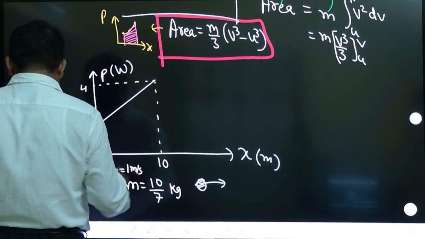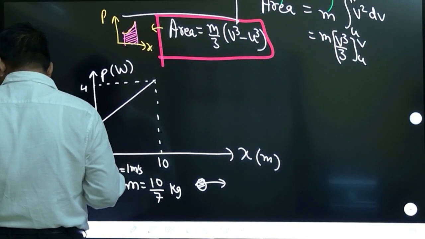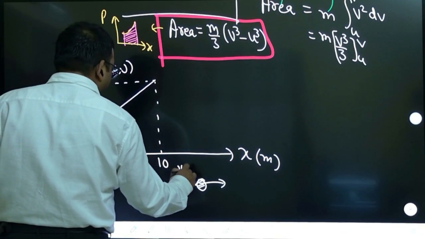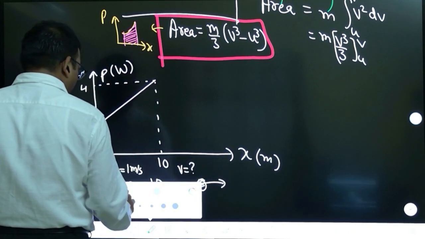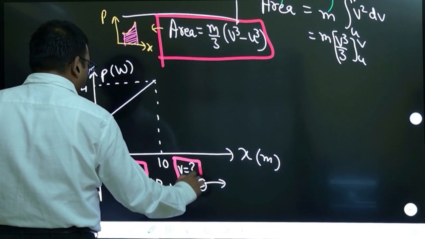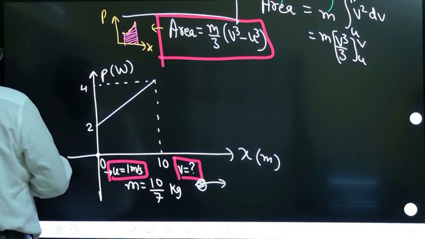They have given the initial velocity, and this power-x graph is given. What is the velocity at x equal to 10 meter? They are asking for the final velocity. The graph is between P and x. Try to use the area concept here.